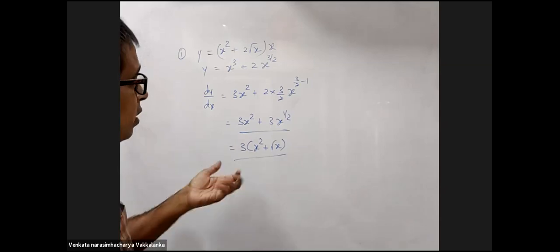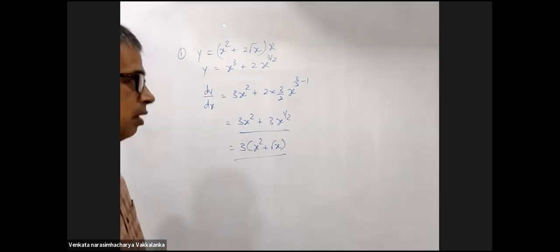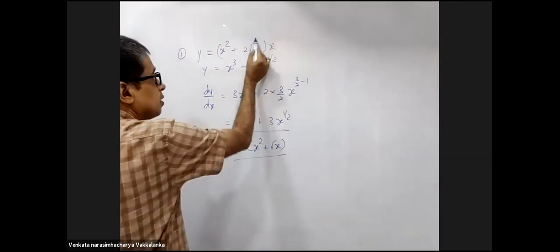Sir, when you multiplied x, how did you get x to the power 3 by 2? Where did I multiply x? I open the brackets now and multiply. This is what I was worried about.